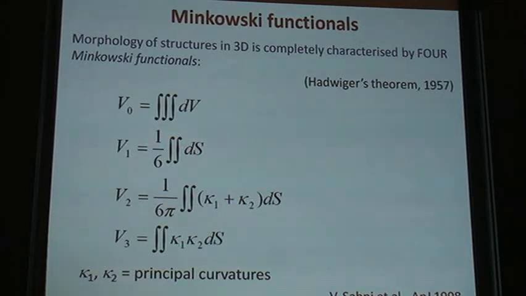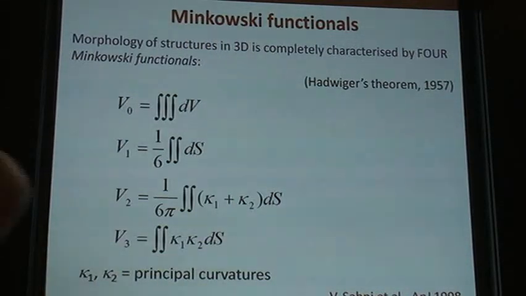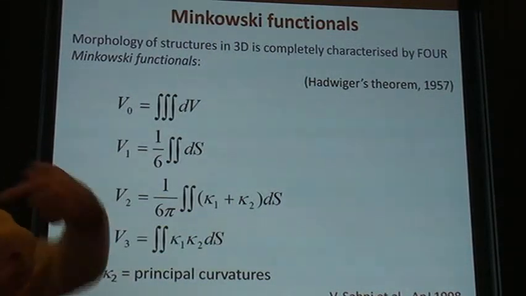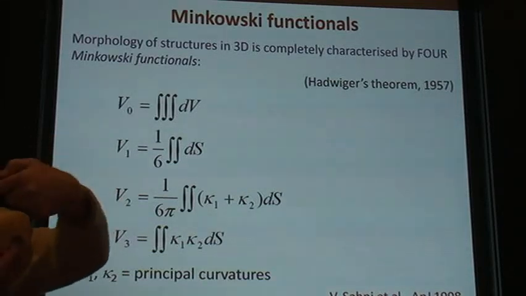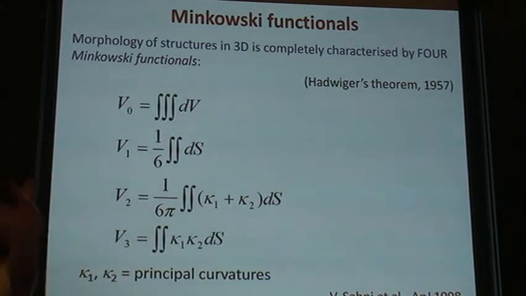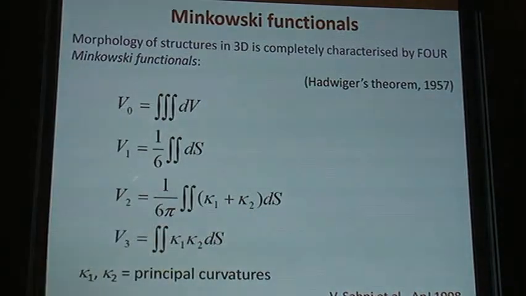Kappa 1 and kappa 2 are the 2 principal curvatures of the surface. If this is my surface, then kappa 1 is the curvature along this direction, and kappa 2 the curvature along this direction, like eigenvalues. Maximum, or if you wish, minimum curvature. So V2 is related to the mean curvature, the average curvature, and V3 to the geometrical mean. This is known as the Euler characteristic, a well-known topological measure.